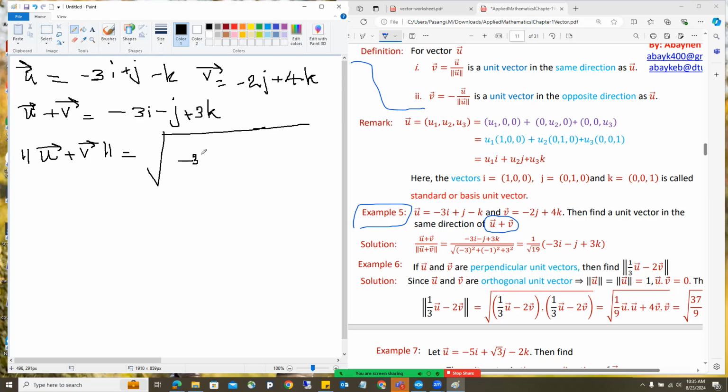Minus 3 squared plus minus 1 squared plus 3 squared: minus 3 squared is 9, minus 1 squared is 1, 3 squared is 9. The square root of 9 plus 9, 18, plus 1, that is 19.